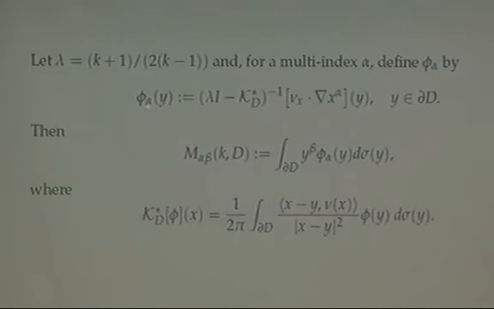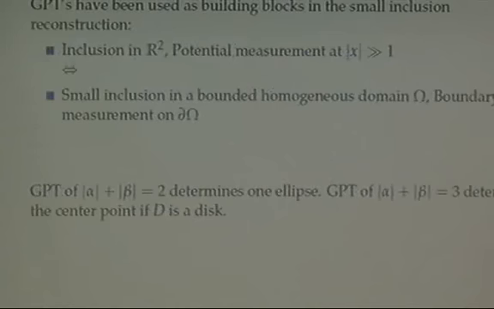You have this subindex alpha from x to the alpha, this multi-index, and K_D star is the boundary integral operator on D. So now you have the information, this boundary integral of y to the beta times phi alpha on the boundary of D, and our question is to get the shape of D from the information of M alpha beta.